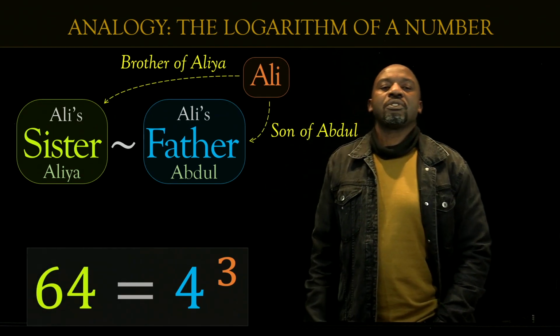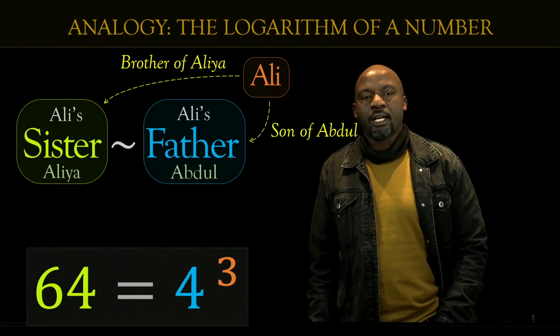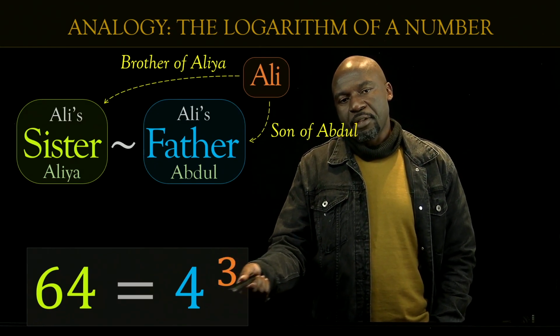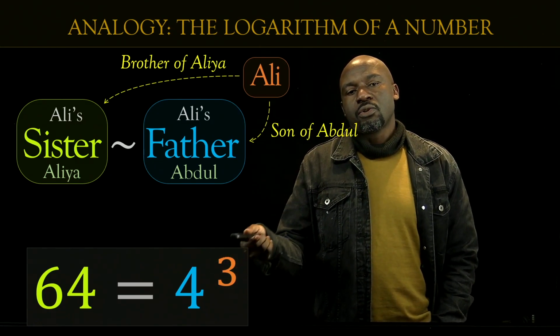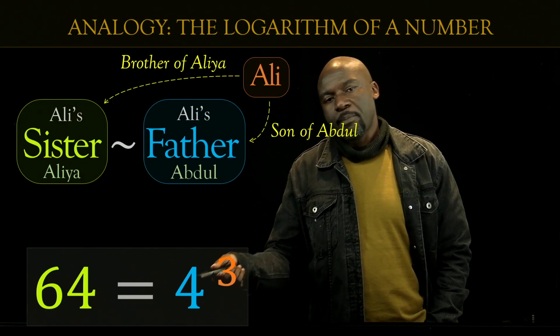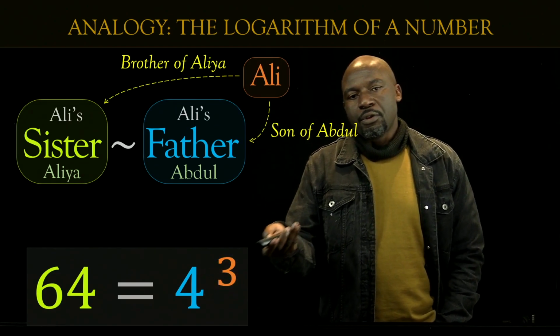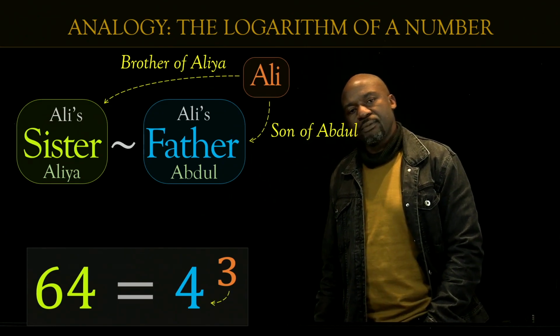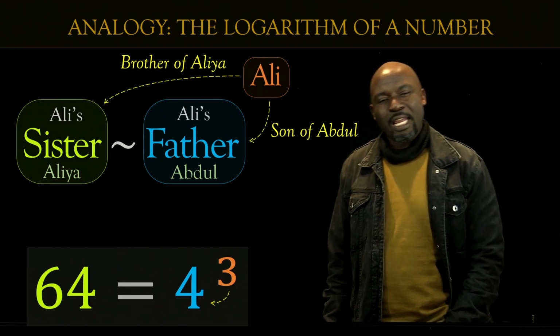Okay? We can use a similar way of reasoning when we are referring to this number 3 here. With respect to the base 4, 3 is called an exponent. So when we are referring to that base 4, 3 has the name exponent.